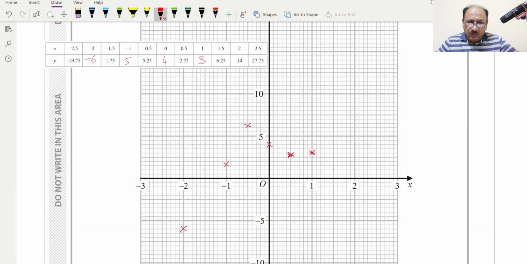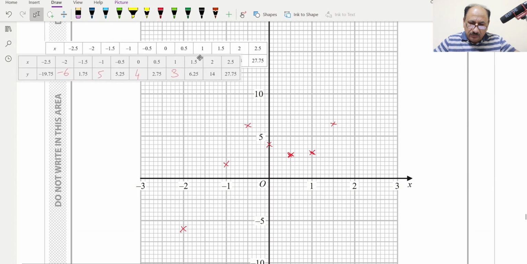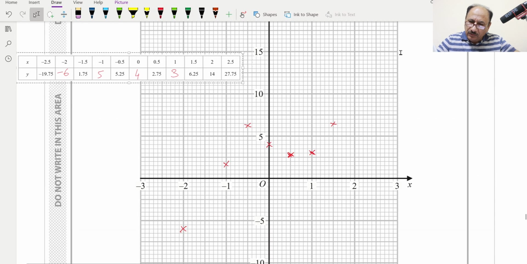Next is 1.5 and 6.25. So 6.25 will be over here, and next value is 2 and 14. So 2 and 14 we can move over here. So 2 and 14 will be this one.